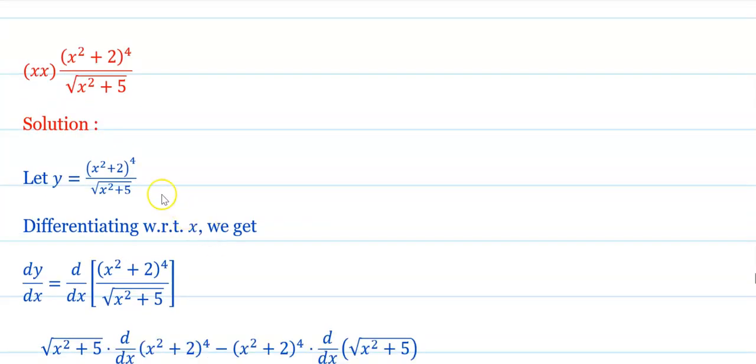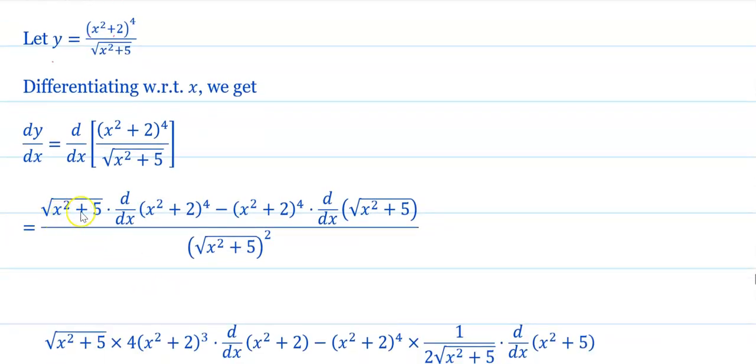Okay, now problem number 20. y is equal to (x square plus 2) raised to 4 upon root of x square plus 5. Now here again the quotient rule. Here it is u upon v. Therefore v into derivative of u minus u into derivative of v upon v square.